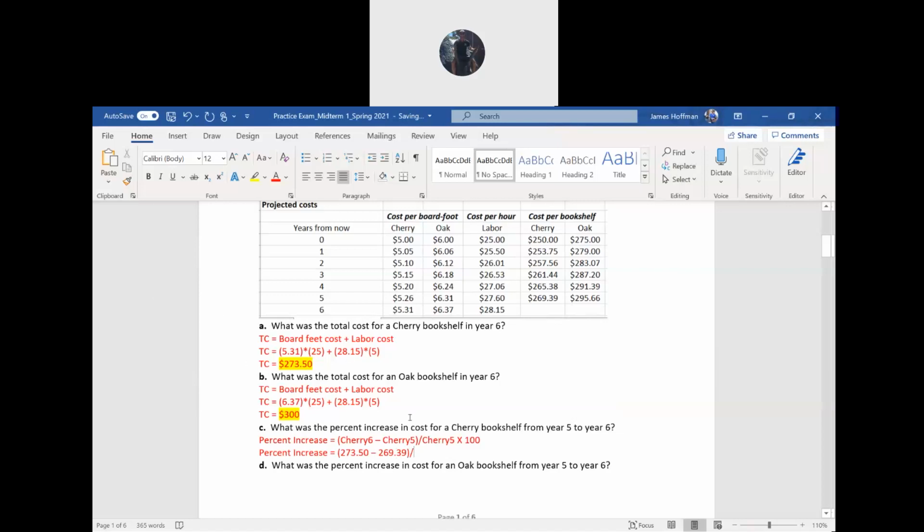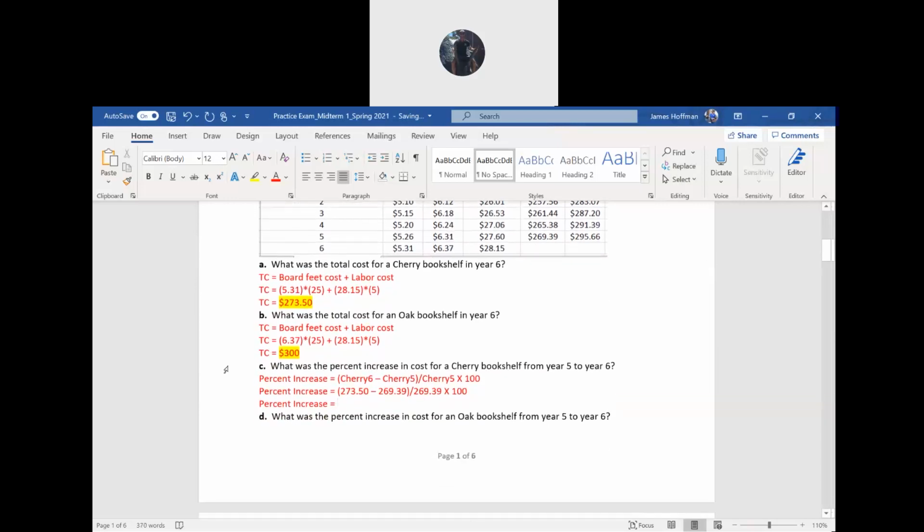If you divide the change by the original, the year 5 value, I get about 1.5%.